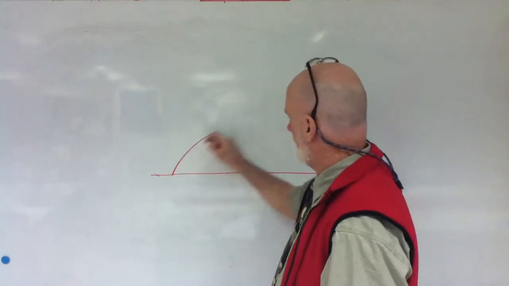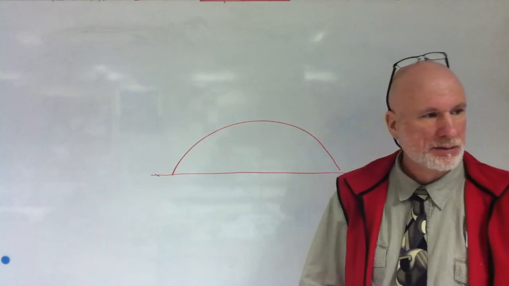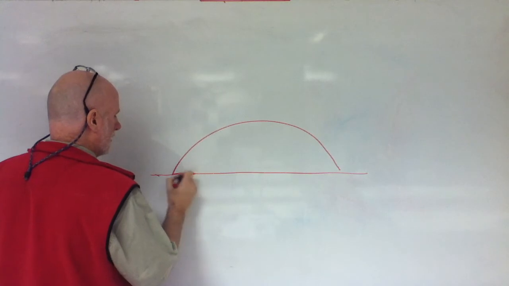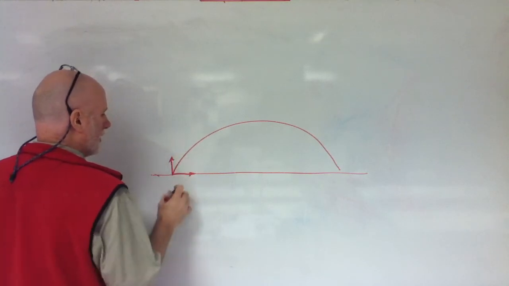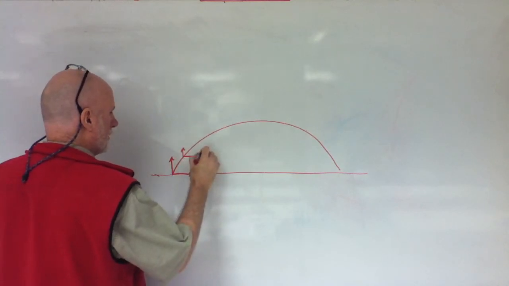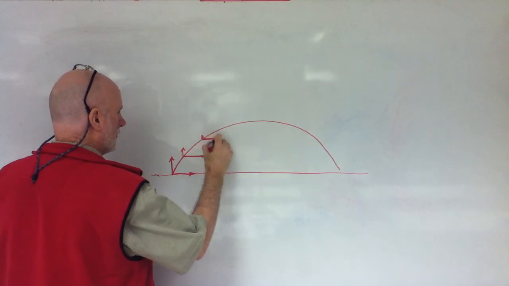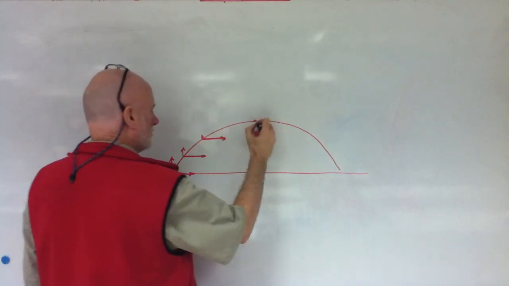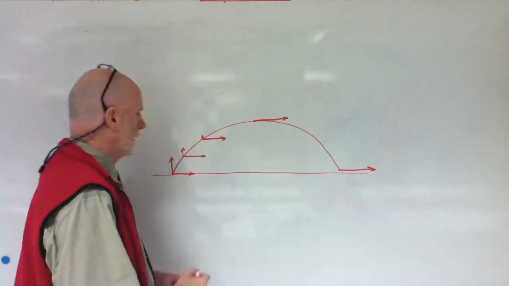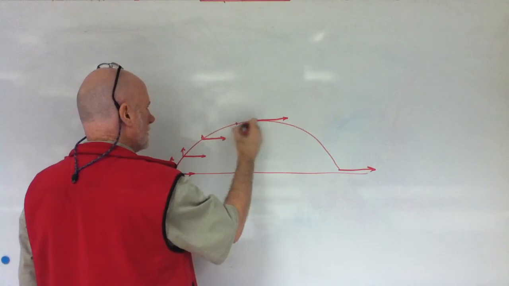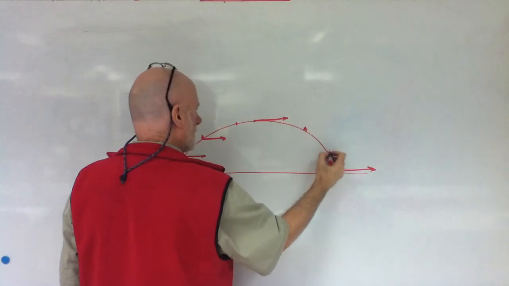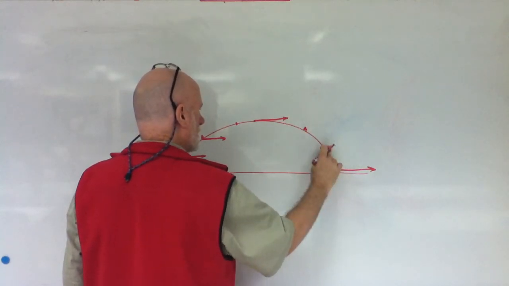So if I have an initial velocity, this one is reducing. This one stays the same. This is 0. And when it hits, it's still going like that. This one decreases. So here it's nothing. Here it's increasing. Here it's increasing a little more. Sorry, the other way around.